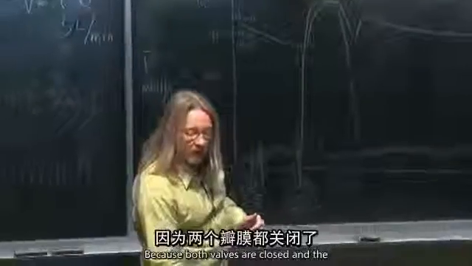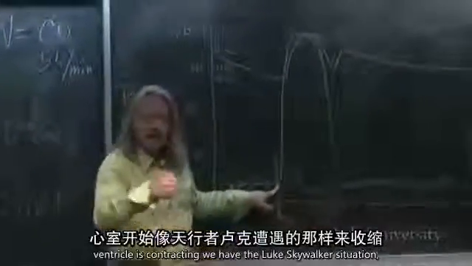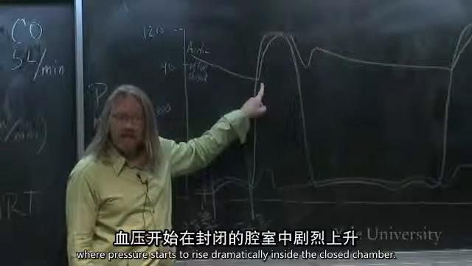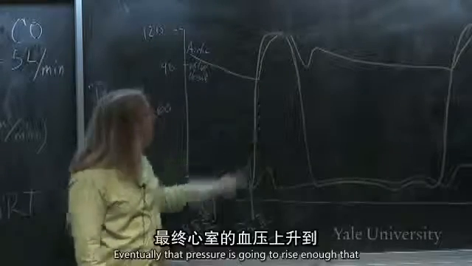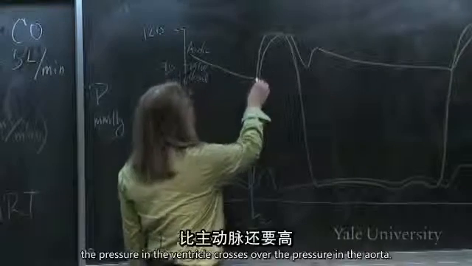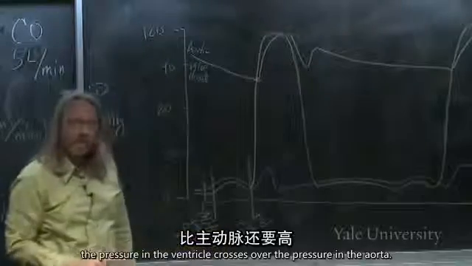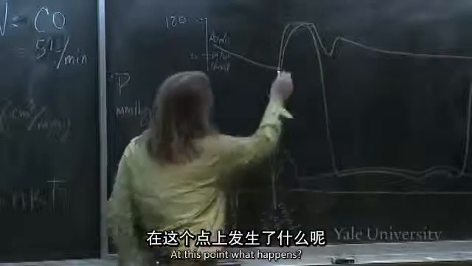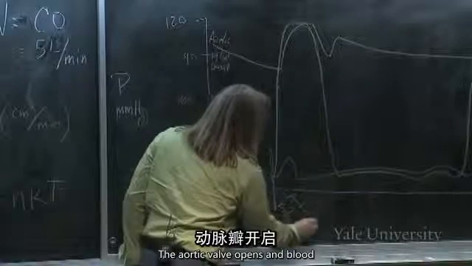Because both valves are closed and the ventricle is contracting, we have the Luke Skywalker situation, where pressure starts to rise dramatically inside the closed chamber. Eventually, that pressure is going to rise high enough that the pressure in the ventricle crosses over the pressure in the aorta. And at this point, what happens? The aortic valve opens.